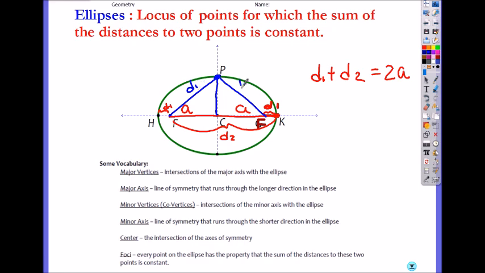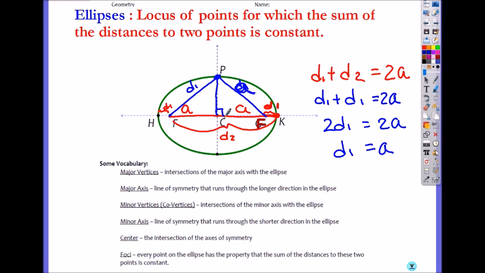So this is also D1, meaning D1 plus D1 is the same sum 2A, meaning 2D1 equals 2A. So basically D1 equals A. Do you guys see it? So I can just call this A, and this is also A.